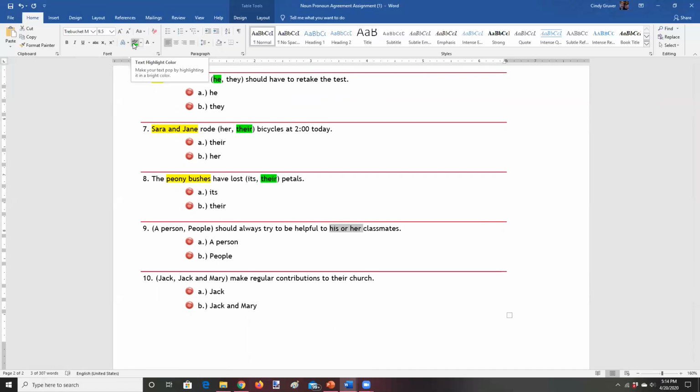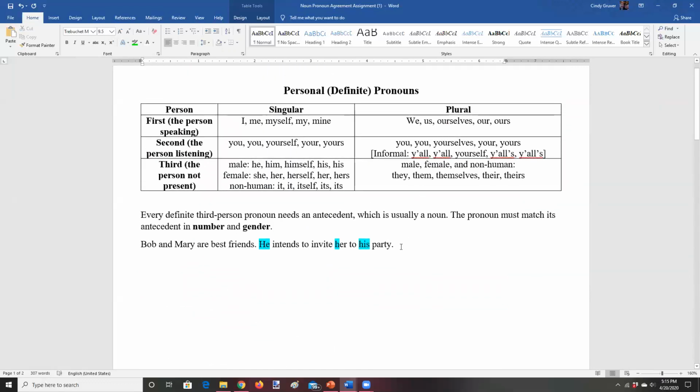So when you have a singular word, then the word "or" and a singular word, that is the equivalent of singular.